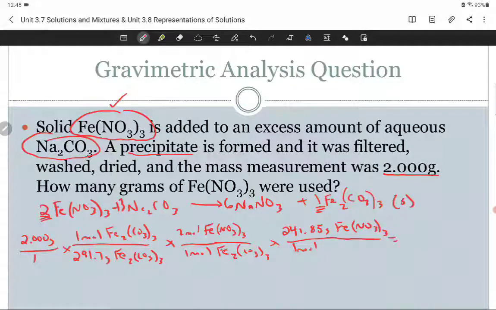Okay, and multiply everything on top, divide everything on the bottom. You get 3.316 grams of iron nitrate. Factor label again. But if you didn't have a balanced chemical equation, you'd never be able to do that question.